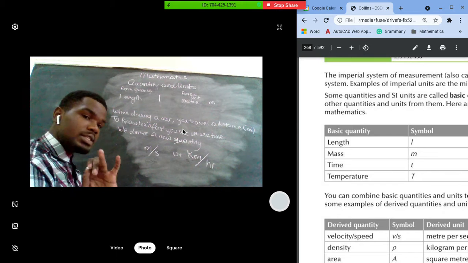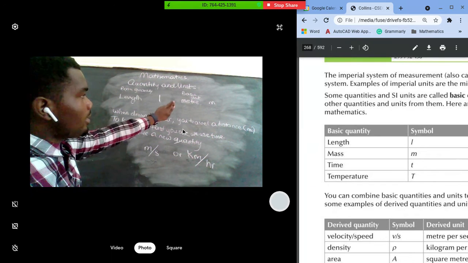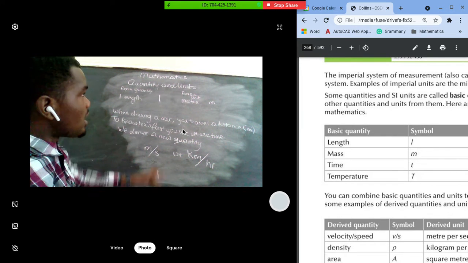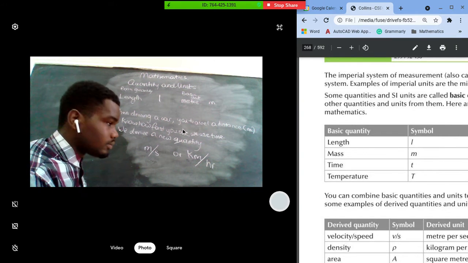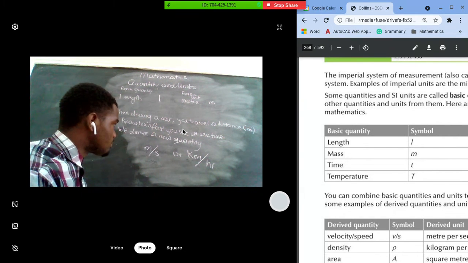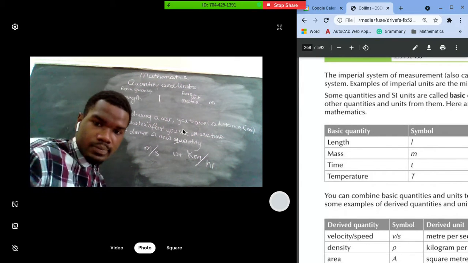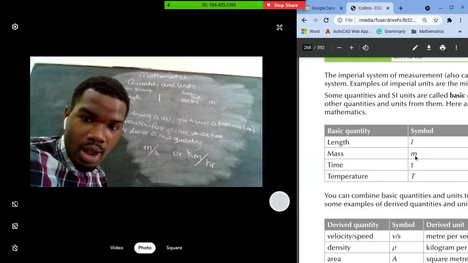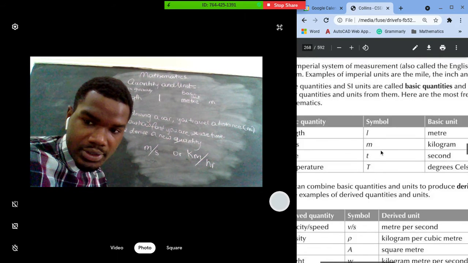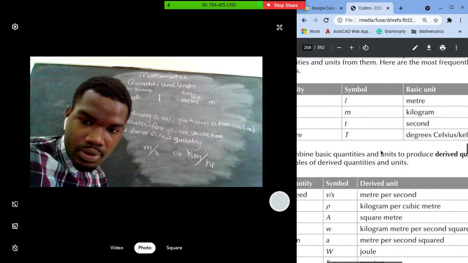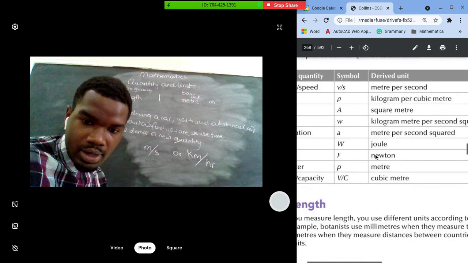Alright, so two things I have to write: why meter is a basic unit and why length is a basic quantity. Now I want to use the other three, which is mass, time, and temperature. So quickly get it off and then we're going to write through them.